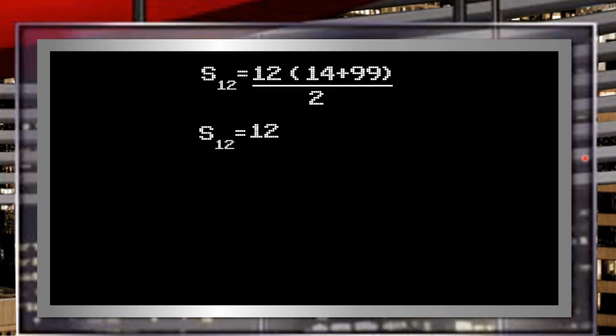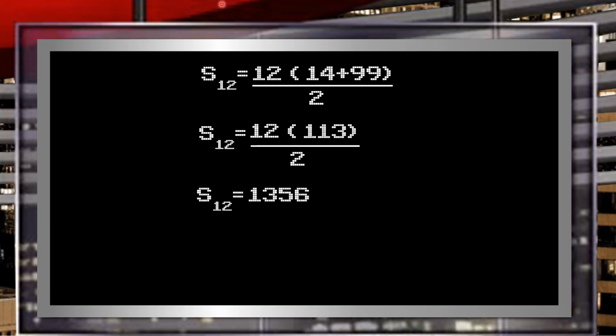So, solving for it, 14 plus 99, the answer is 113 divided by 2. So S sub 12 is equal to 12 times 113 is 1,356. And when we divide it by 2, the sum is 678.